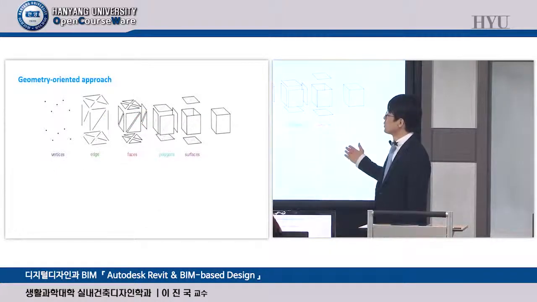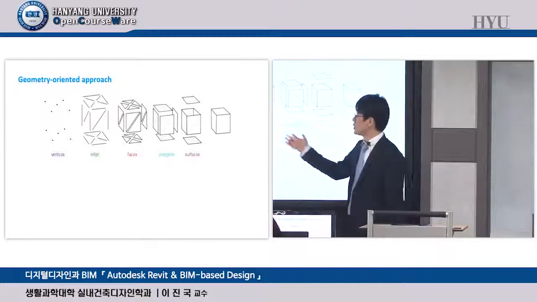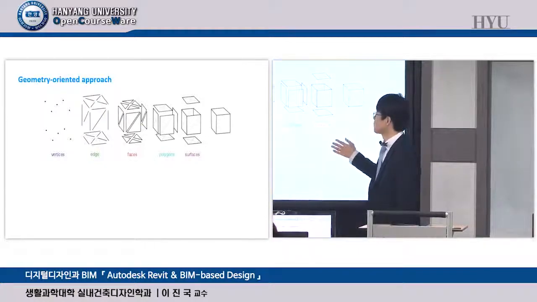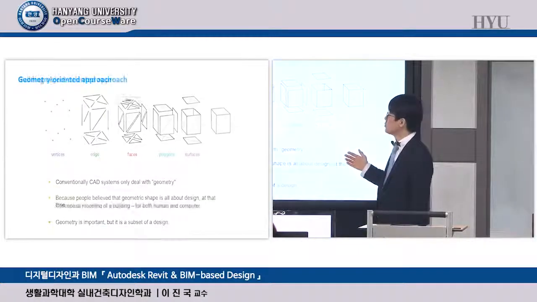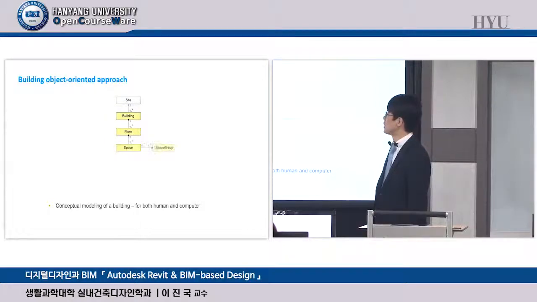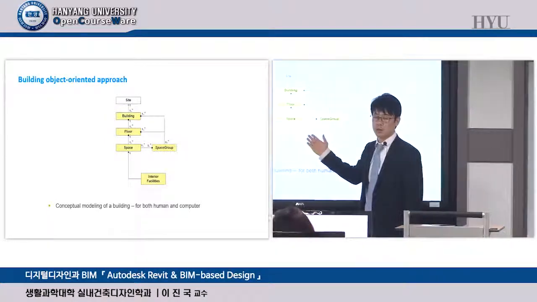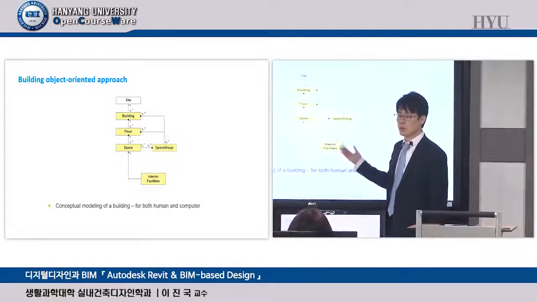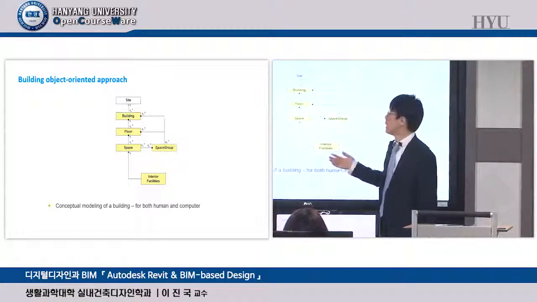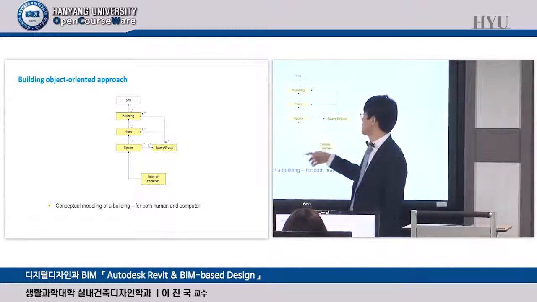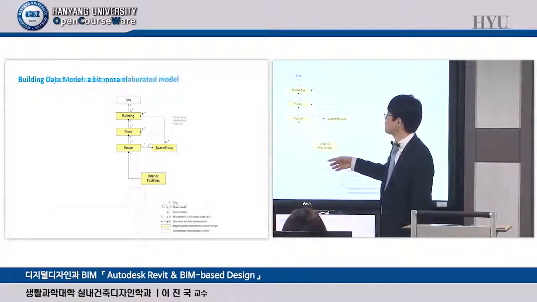Take a look, the geometry-oriented approach: vertex, edge, face, polygon, surface. But in BIM tools, we approach building design using this hierarchical structure, the same as designers and architects are doing: site, building, floor, space, space group, and structure.